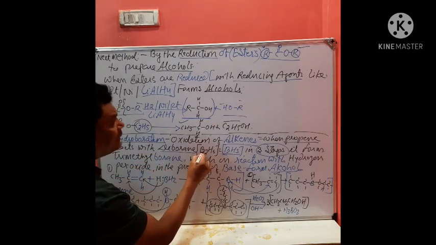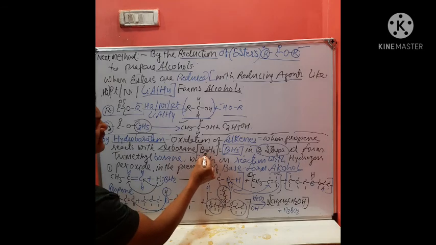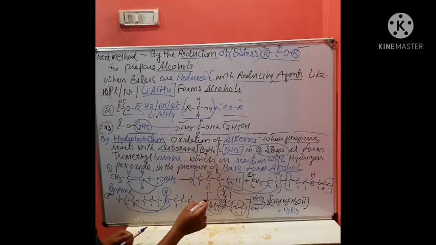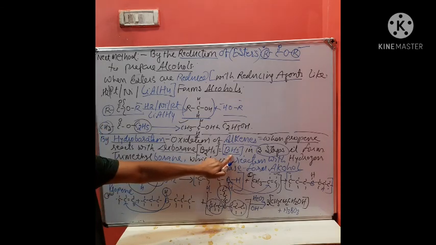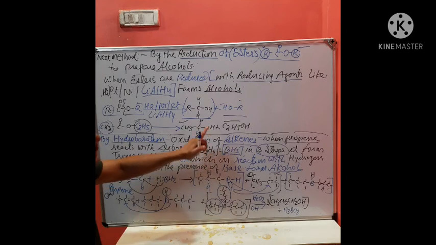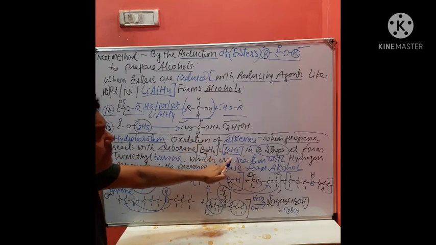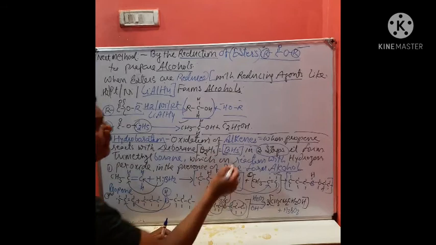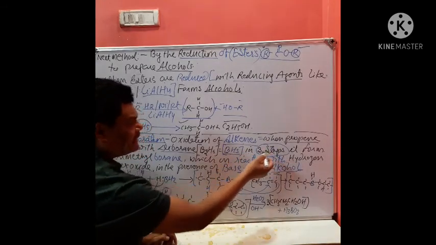Diborane is basically B2H6. This is its stable form because BH3 is a highly unstable species. This is a Lewis acid. Therefore, we are taking B2H6, but actually in the reaction the main participant is BH3. Now, it takes place in 3 steps. Why?